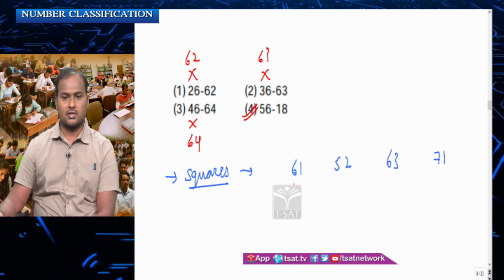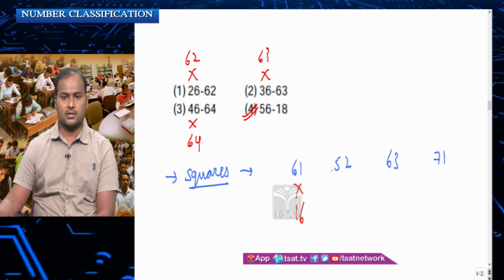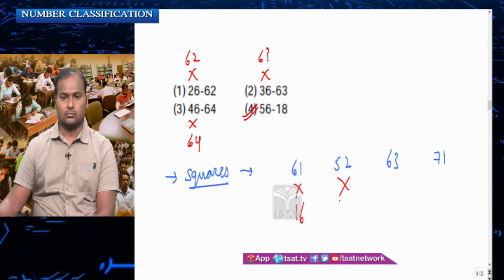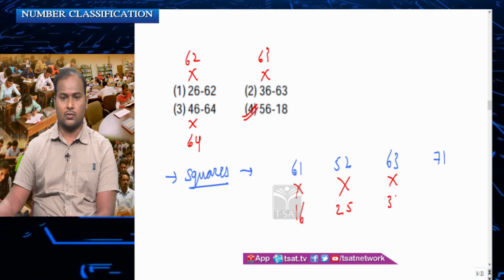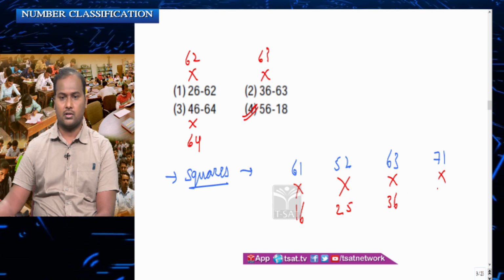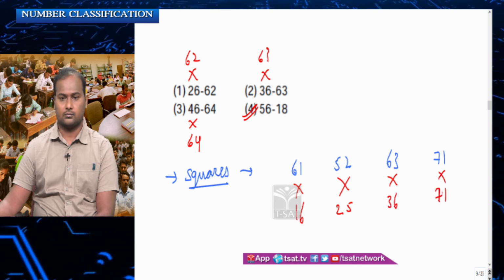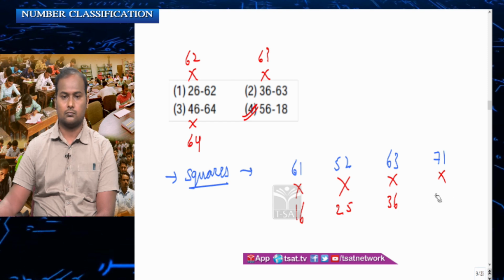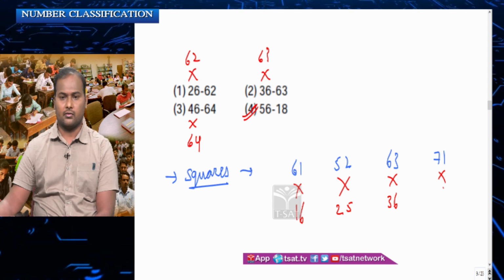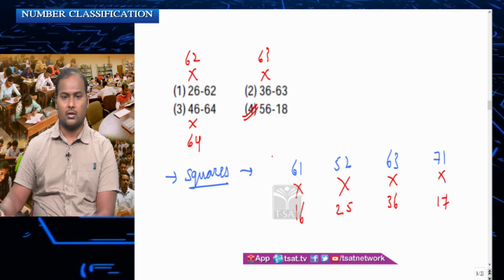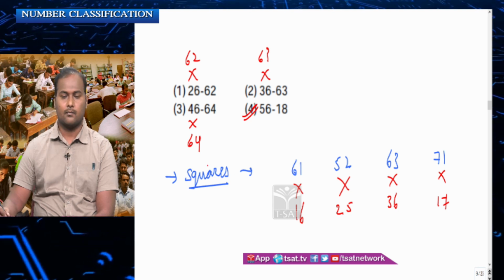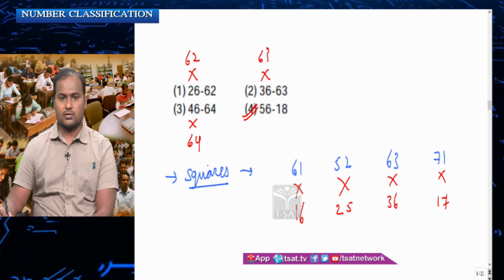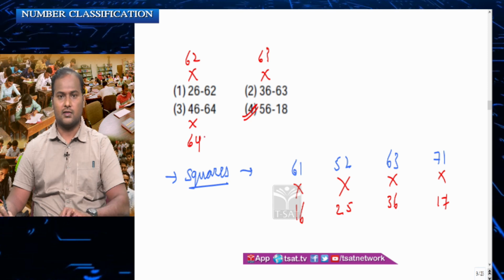For example, 61, if you interchange, you will get 16. 52, you will interchange, you will get 25. 63, you interchange, you will get 36. If you interchange 71, you will get 17. See here, the squares inverted. Not only the numbers will invert, even he will invert the square values as well. So student needs to remember this as well.